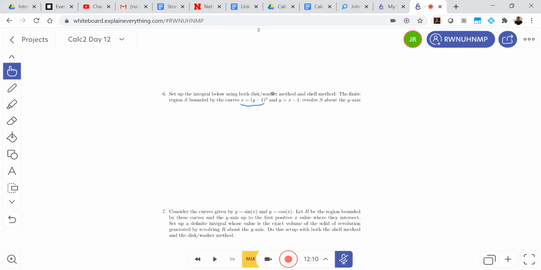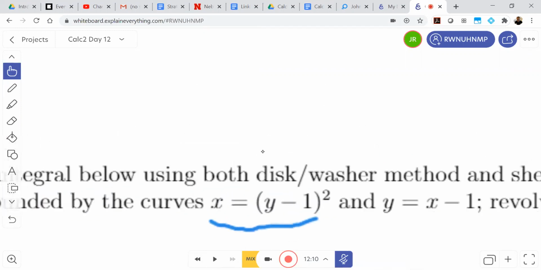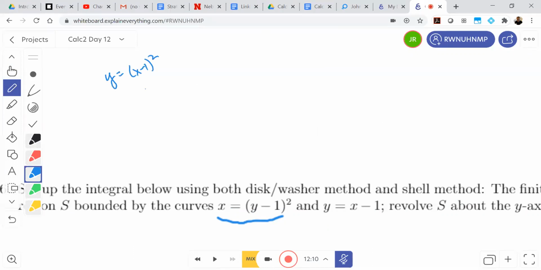So maybe just off on our scrap paper, for today, our scrap paper is going to be the area right above this. Off on our scrap paper, we can remember that y equals x minus 1 squared is going to be this parabola, right?